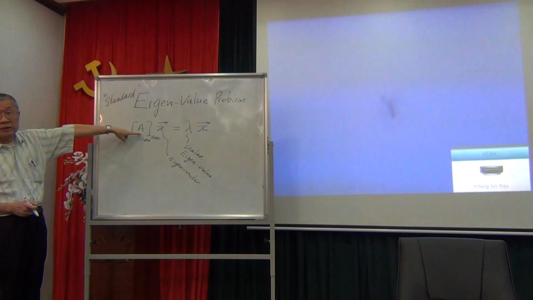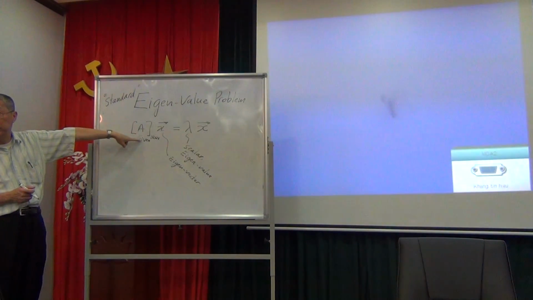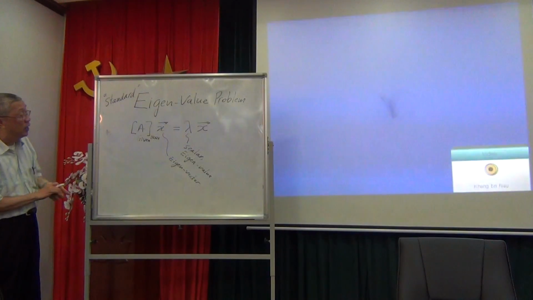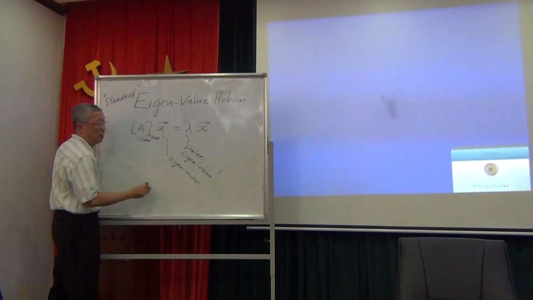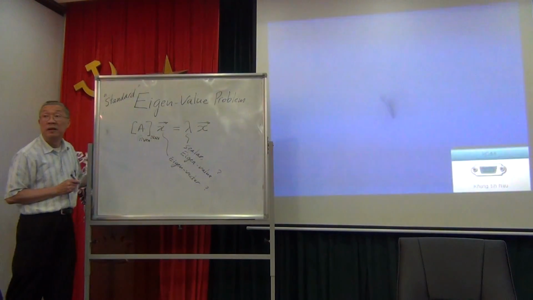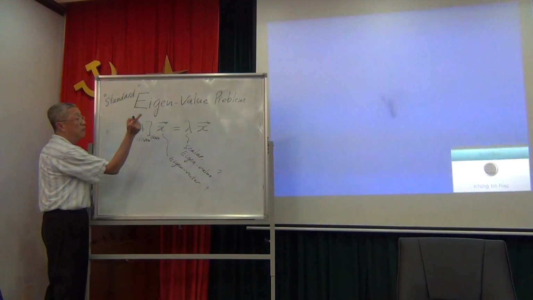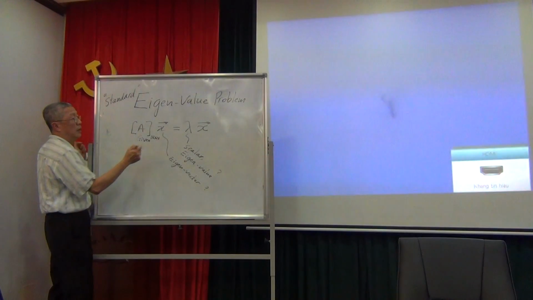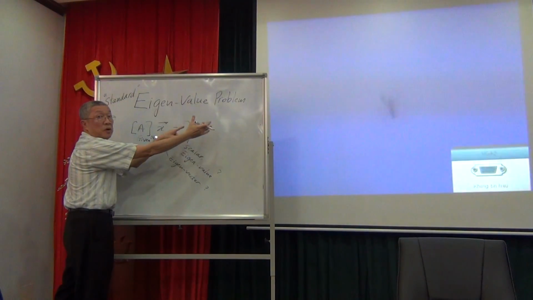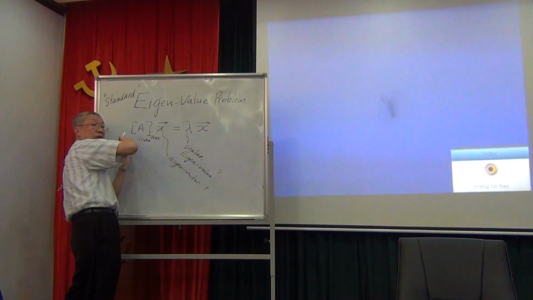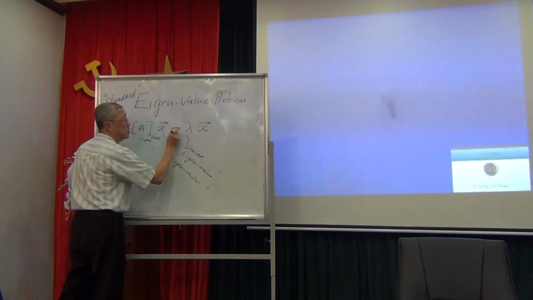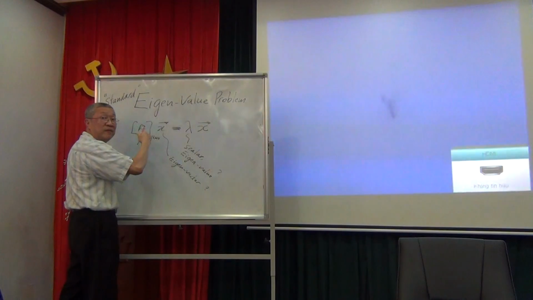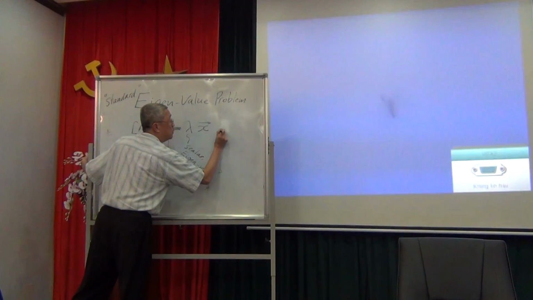For a given matrix A, a square matrix given to you, we have to figure out what is the eigenvalue and what is the eigenvector. The way it works is from this equation, we can move the term on the right hand side to the left. So it will become minus, and equal to 0.